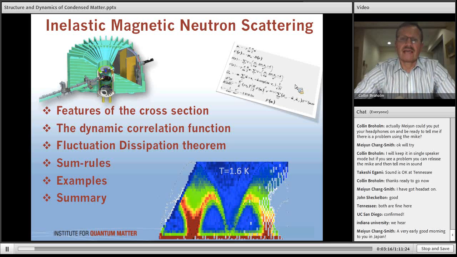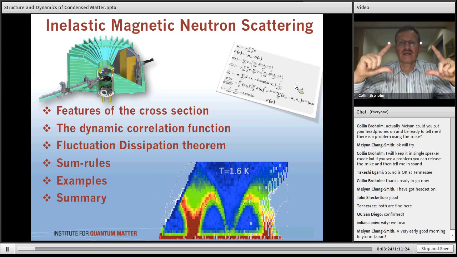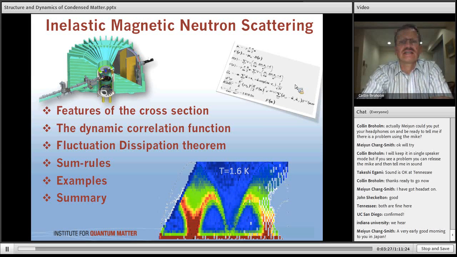In the case of the strong nuclear force, we ended up relating the inelastic scattering cross-section to a two-point correlation function that involved a phase factor, e to the iq·r at time 0 and e to the iq·r at some different time.